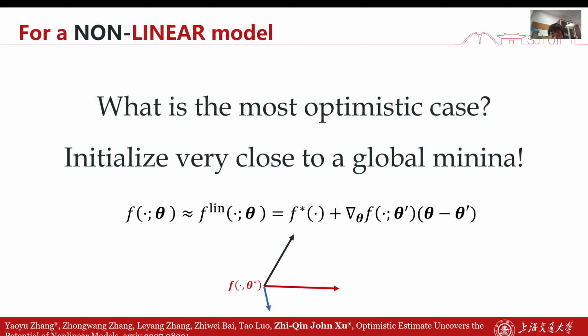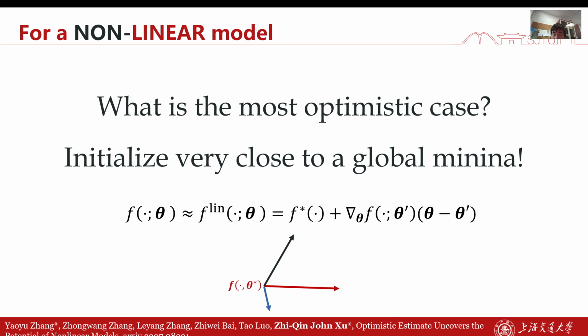This theta prime is our target, our global minimum, and theta is very close to theta prime initially. So we can ignore the high order terms and only keep the linear form. Once we keep this linear form, the model with respect to the trainable parameter is not nonlinear anymore. It's linear, or we can say it's just a linear combination of the gradient of f with respect to theta.